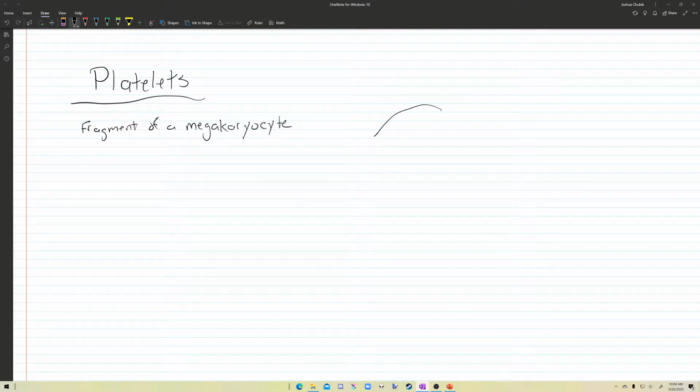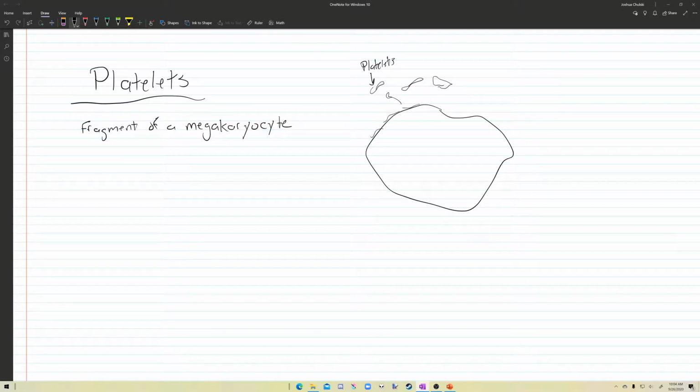Basically you have this huge cell out here, and it sheds its cytoplasm, and these are the platelets. Okay. So platelets are fragments of megakaryocytes, shedding of a megakaryocyte.